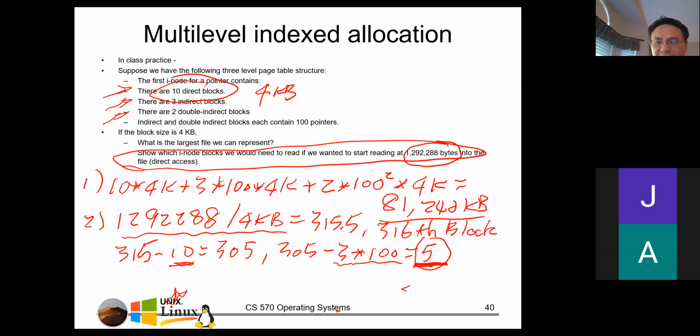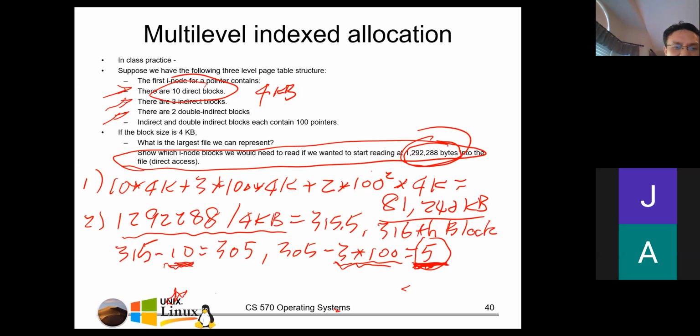That's what block you would read for this position. You would have to get past the 10 direct blocks and the 3 single indirects, and what you have left is 5.